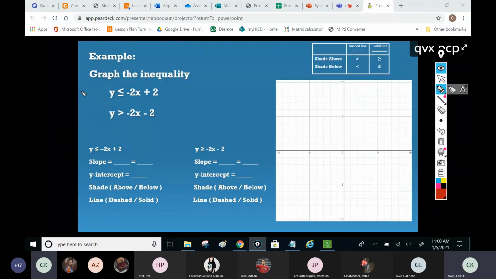I'm going to graph the first one right here: y is less than or equal to negative 2x plus 2. The slope is negative 2. Put it as a fraction, and now we have the rise and run. The y-intercept is +2. The symbol is less than or equal to, so we need a solid line, shaded below.